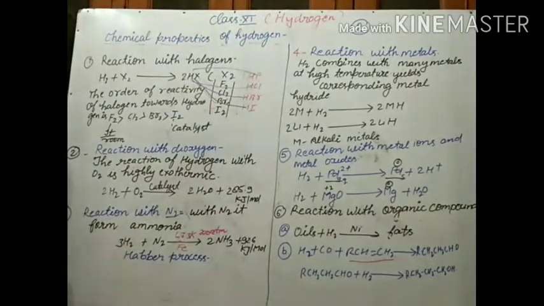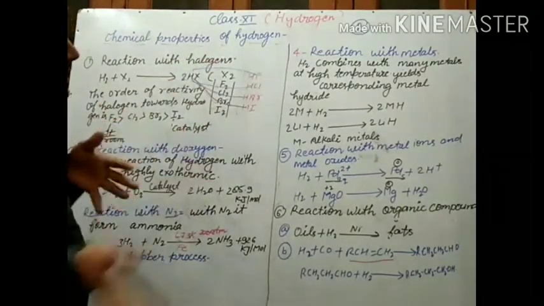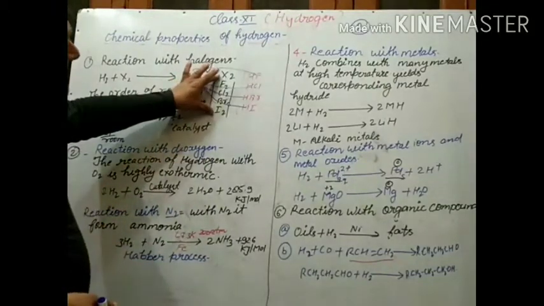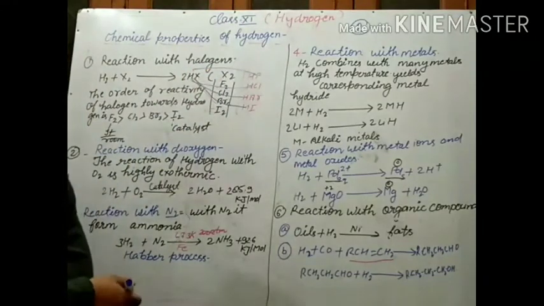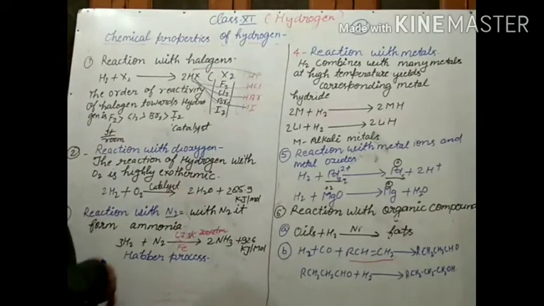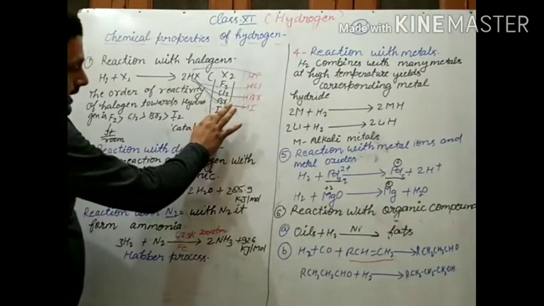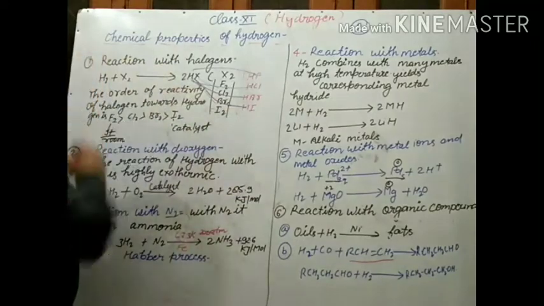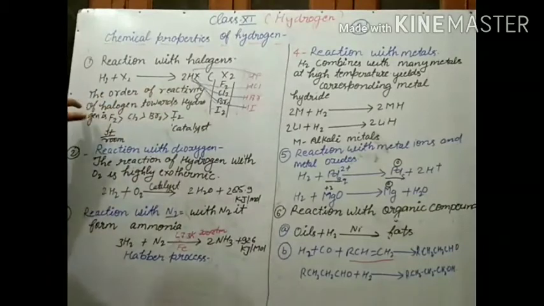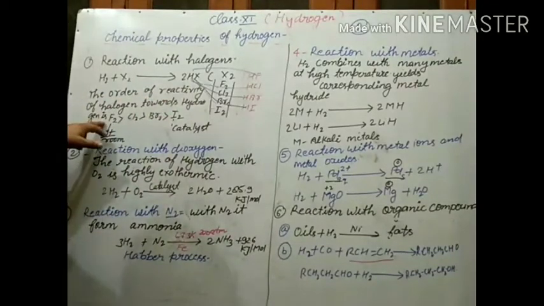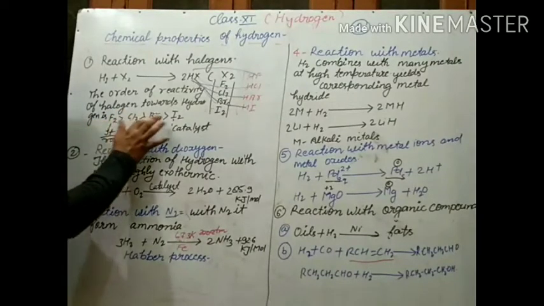But one point is there: the order of reactivity of halogen decreases down the group towards hydrogen. Towards hydrogen means F2 will react immediately, and I2 reacts with hydrogen, so it needs a catalyst. The order of reactivity of halogen towards hydrogen is F2, Cl2, Br2, I2.